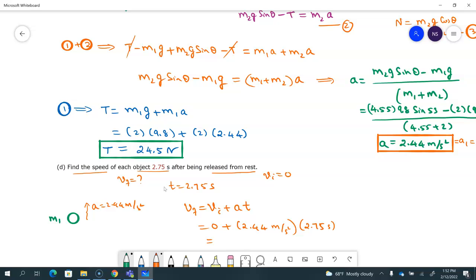If it's 2.44 times 2.75, that will be 6.71 meters per second. We could have done it either for this or for the mass m2. We would get the same result, right?